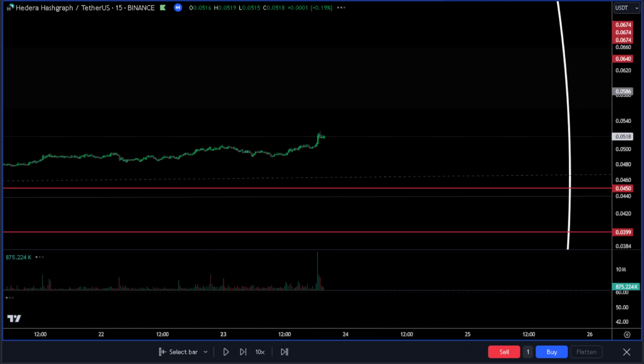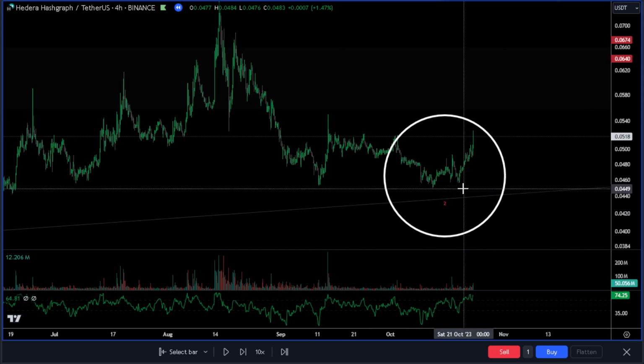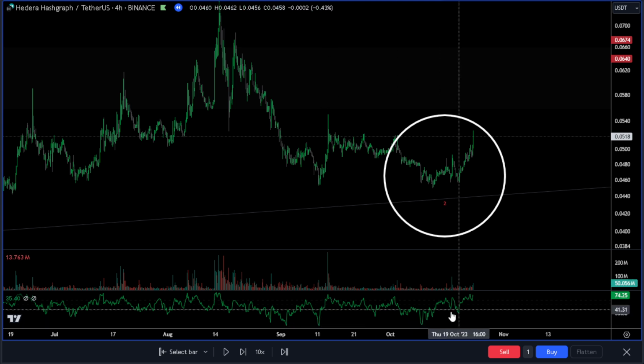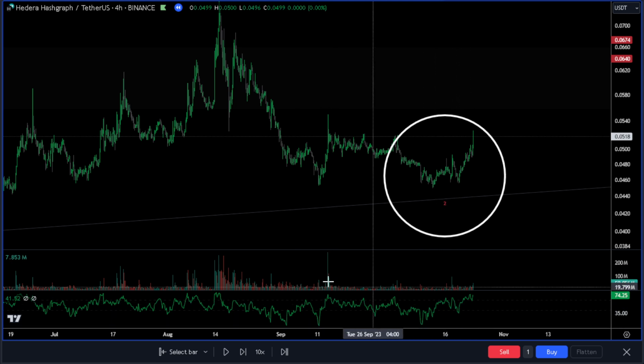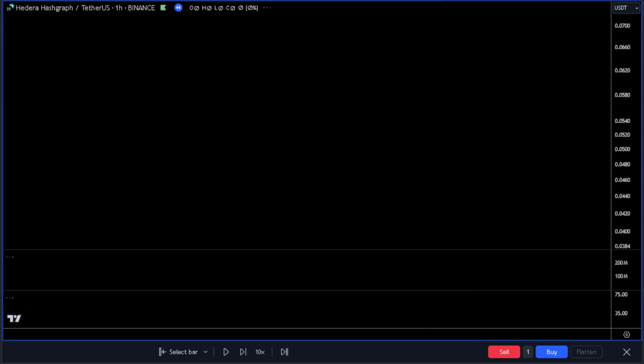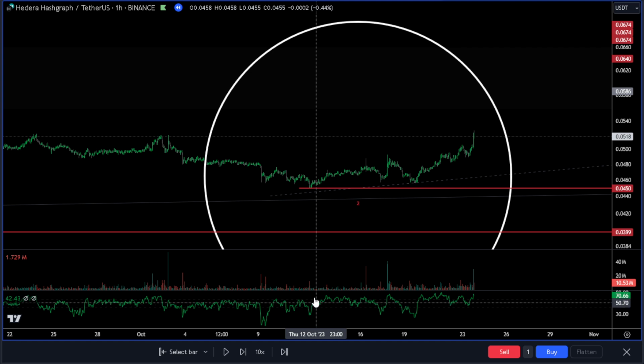Okay, let's go back. Would we have seen anything in our indicators? Yep, we have bullish divergence there on the 4-hour. We had divergence as well on the 1-hour.